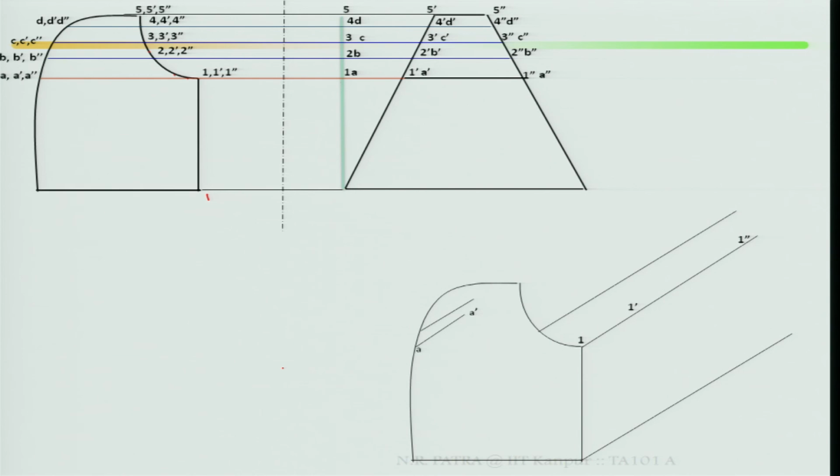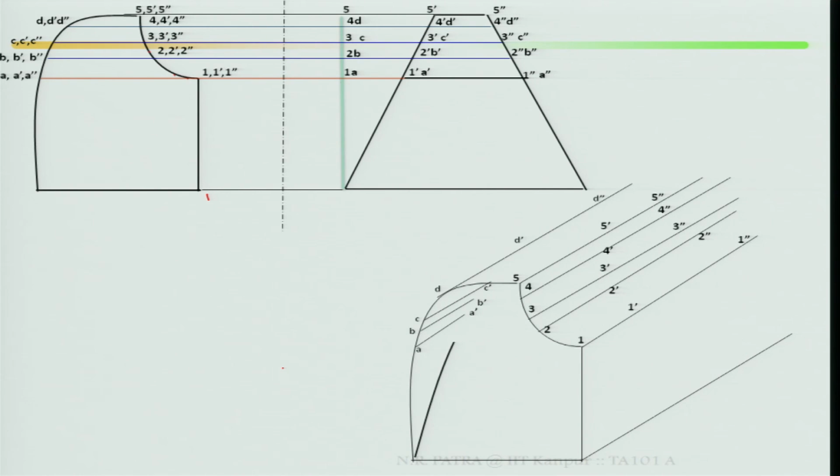Mark the same way: 1, 1 prime, 1 double prime, 2, 2 prime, 2 double prime, 3, 3 prime, 3 double prime, 4, 4 prime, 4 double prime, 5, 5 prime, 5 double prime. Finish it off, taking into consideration the way it goes.